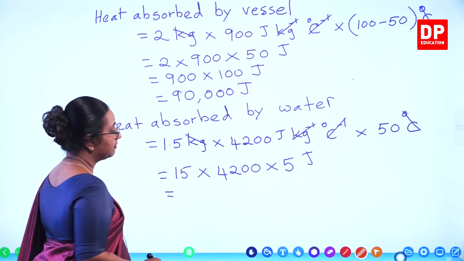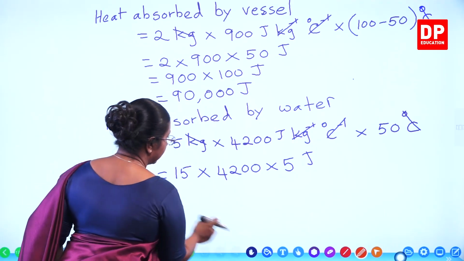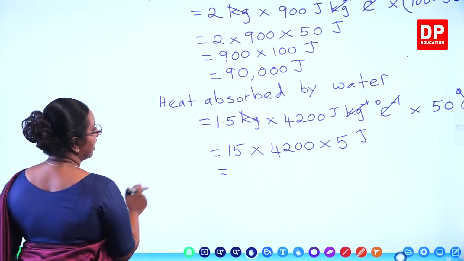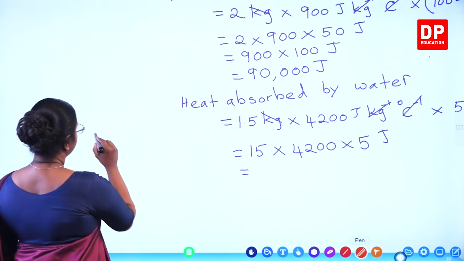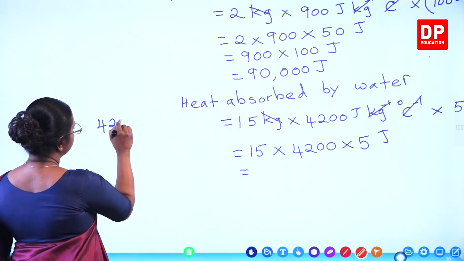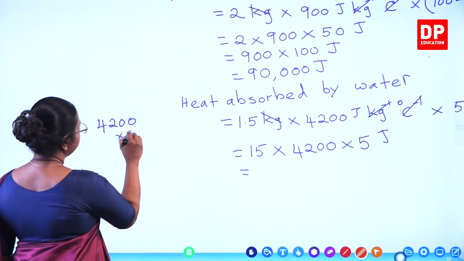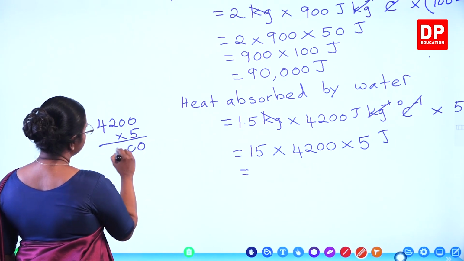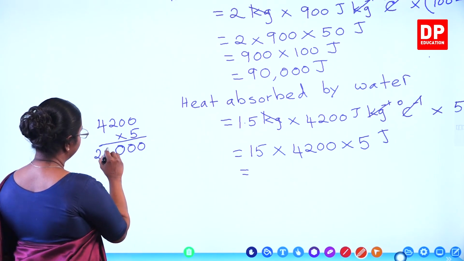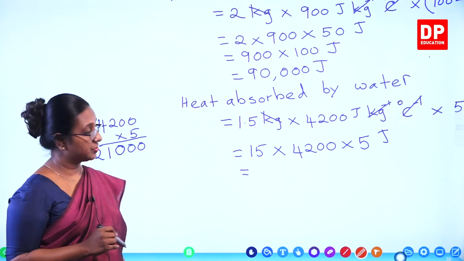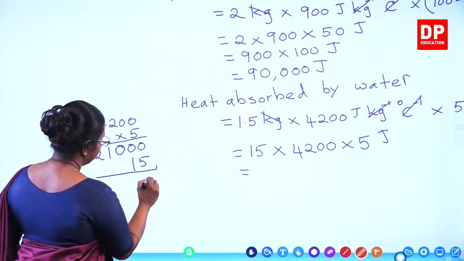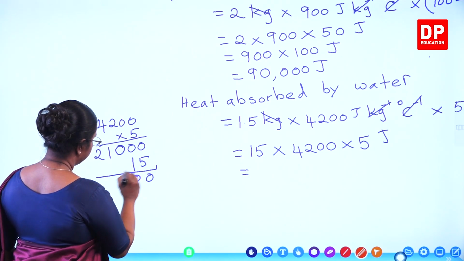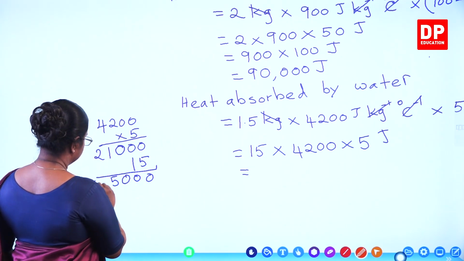So, if I find the final answer, I will do the calculation here. 4200 into 5, that is going to be 21,000. Then if we multiply that by 15, then we have 0, 0, 5 and 10.